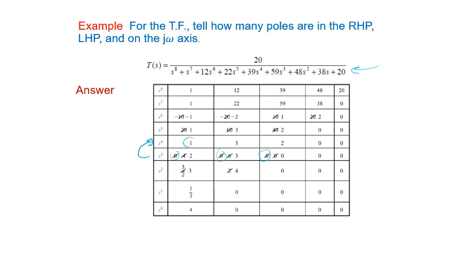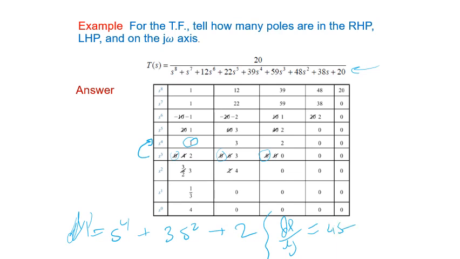So from this row, I take P equal to s to the power 4 plus 3s squared plus 2. Now if I want to differentiate it, dp by ds is calculated as 4s to the power 3 plus 6s, and that's it. So we will take this 4 and put it here.